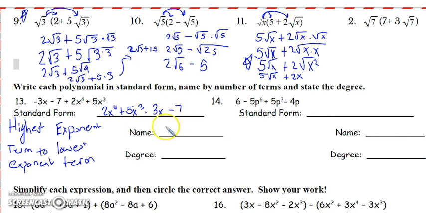And that's it. For the name, this is a 4th degree term and it has a specific name. This is a quartic. There's an R there. And the degree is 4th degree. The name and degree over here is going to be the same. The highest exponent term is the 6th degree.